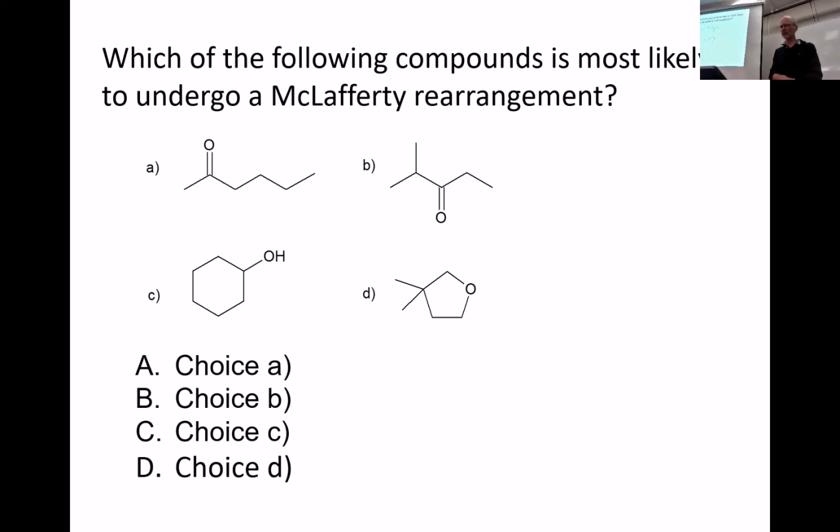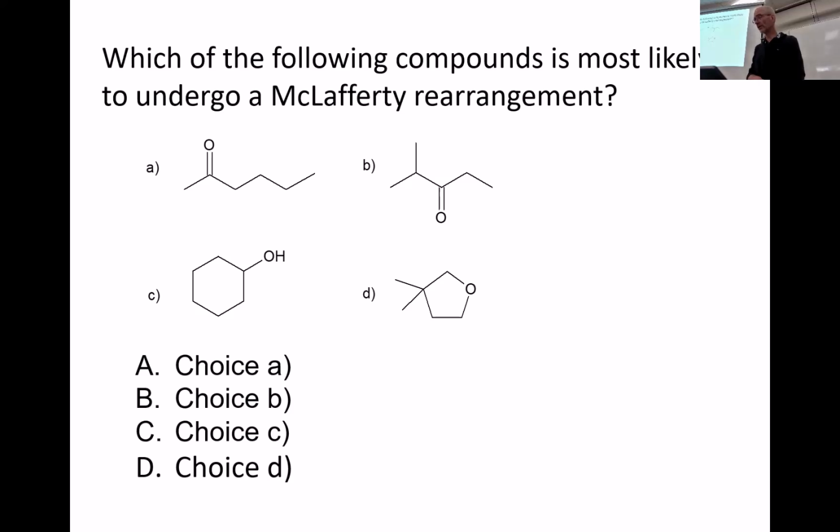But this one is maybe a little more tricky. Which one can undergo a McLafferty rearrangement? I said that's good for aldehydes, ketones, possibly esters, carboxylic acids, amides. I see that the two favorite answers are A and B, which is natural because we've got ketone groups. But actually, the correct answer here is only one of them, not both.